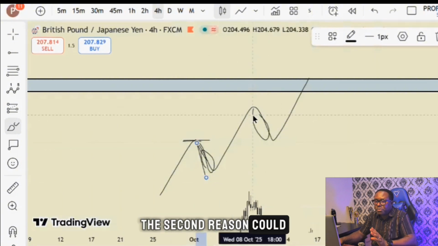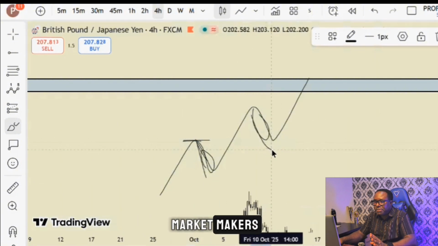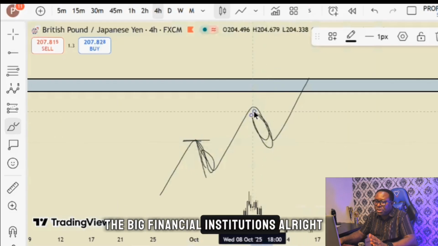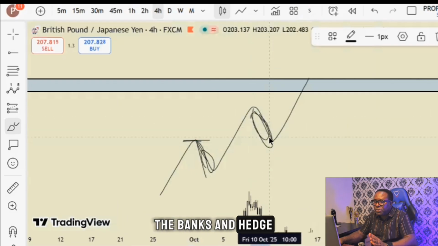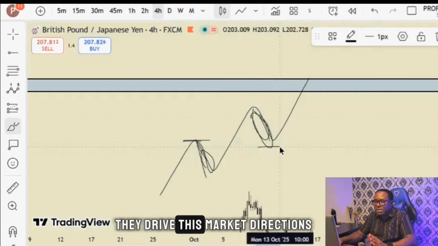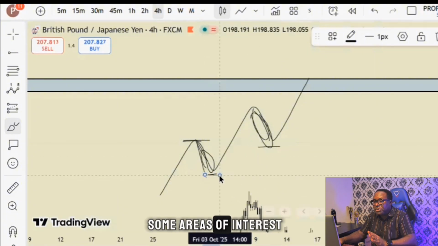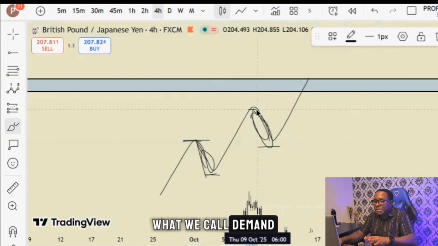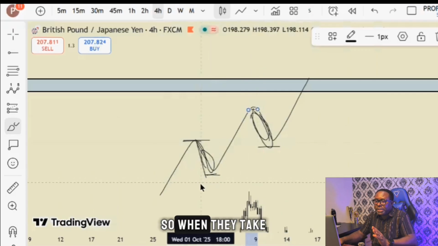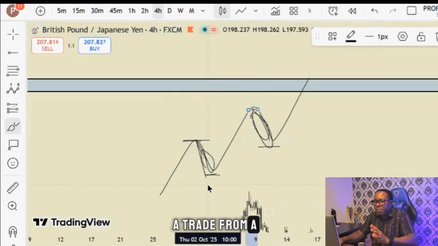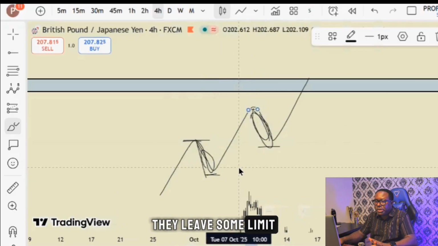The second reason could be the market makers, the big financial institutions, the banks and hedge fund organizations. They drive these market directions. So sometimes they have some areas of interest, what they call demand and supply. When they take a trade from a particular zone, they leave some limit orders there.